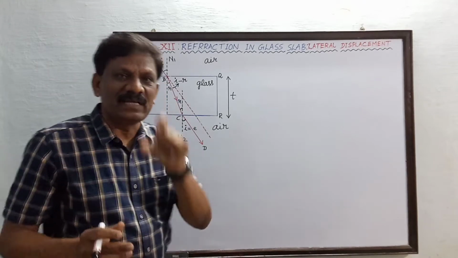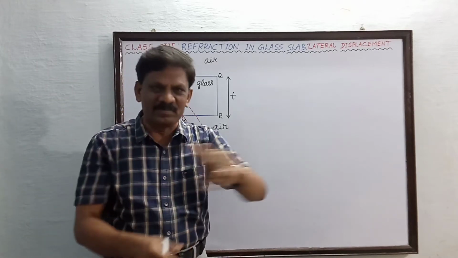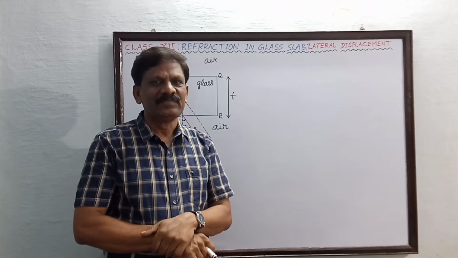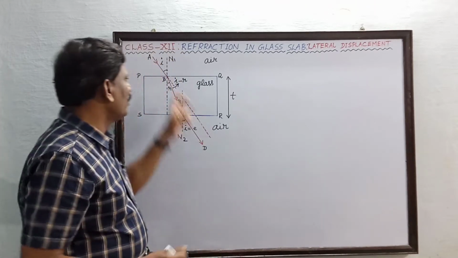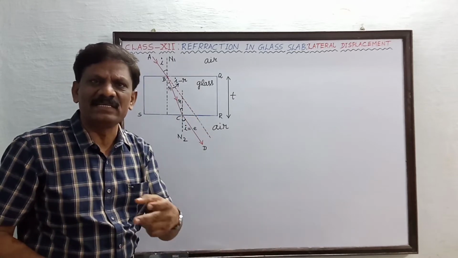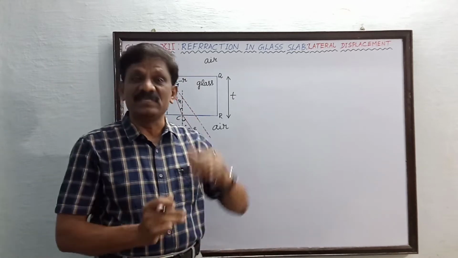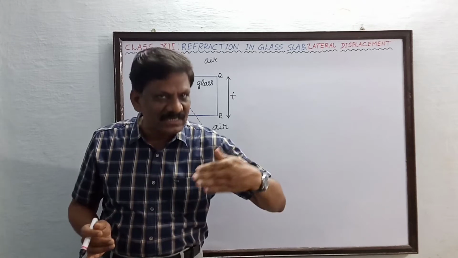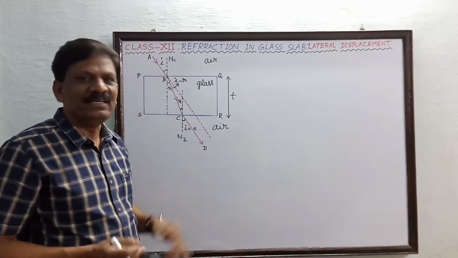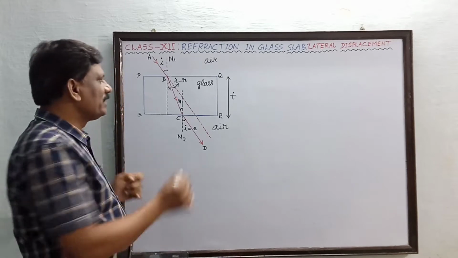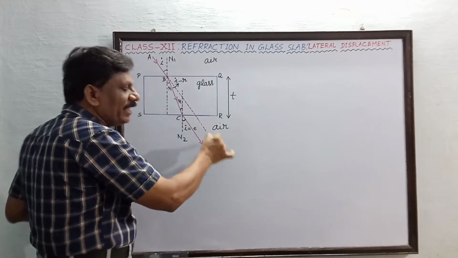Suppose the glass slab was not kept on the path of light, light should have traveled along the direction AB produced, is it not? Because a glass slab is kept on its path, the light has bent along BC and then along CD. Otherwise, light should have traveled along this extended dotted line.